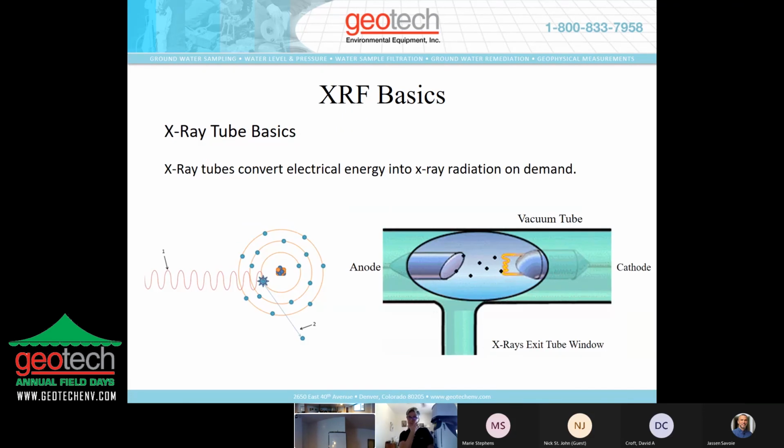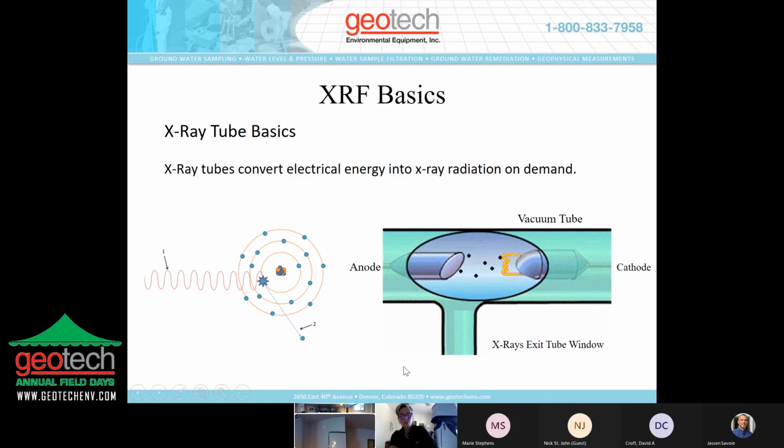I think we covered this, but in case anybody's new, I wanted to talk about the basics of the tube X-ray and how you're being exposed to X-rays that are being emitted from the XRF with an X-ray tube. That's the technology of heating up a filament, and these electrons flow to a target, and the target produces X-rays.